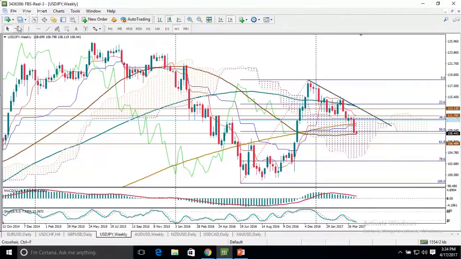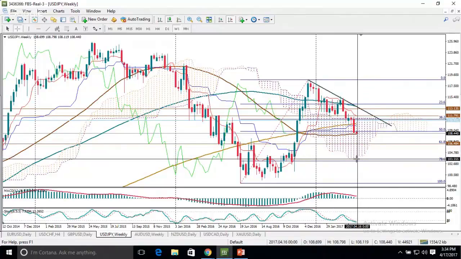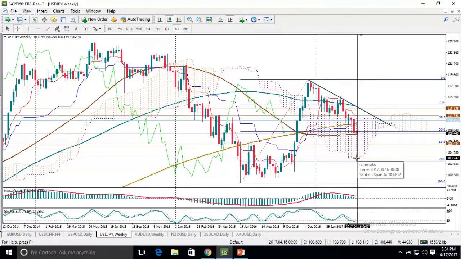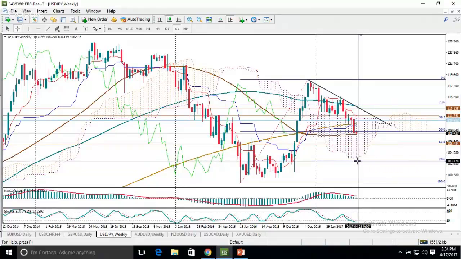And then we'll get to the bottom of this bearish small cloud, located near 103.75, and the next Fibonacci level near 103 itself.